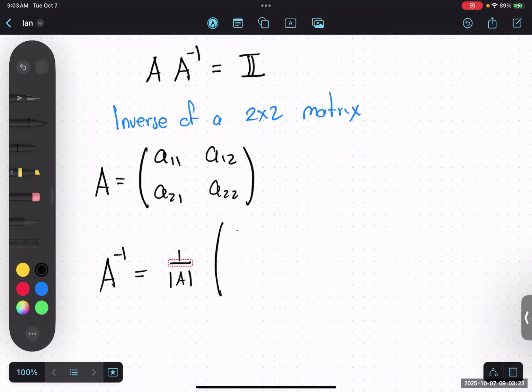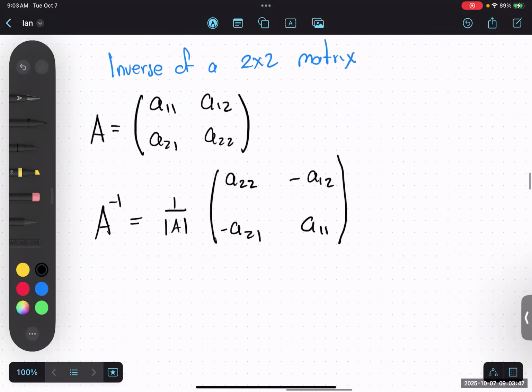And here in the main diagonal, you will flip the elements. See, that's the only thing that I did. And you will change the sign of the other elements above and below the main diagonal. And that's it. This is the formula that you will use to invert a 2 by 2 matrix.